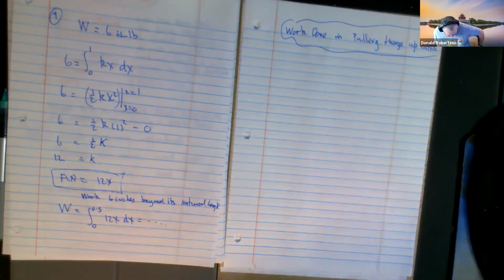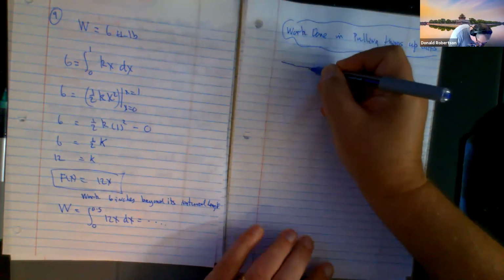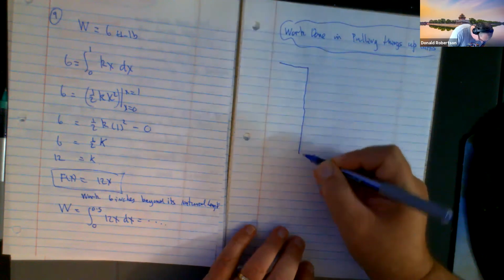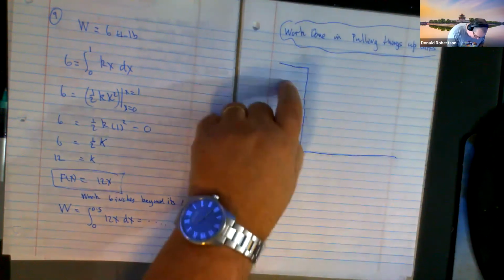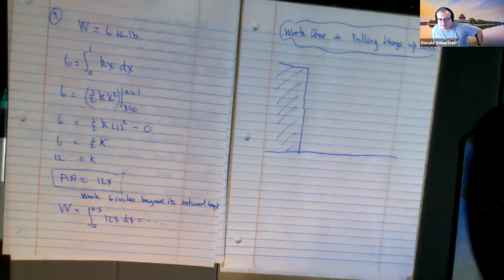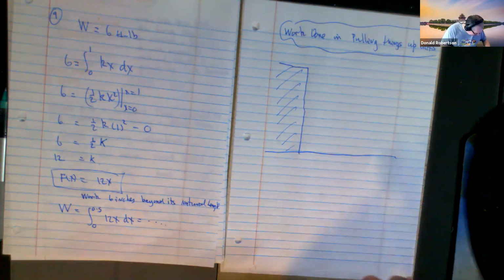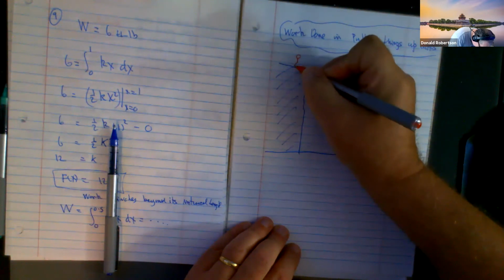So what are these guys going to look like? Well, imagine that you've got a cliff. Sometimes it's a cliff, sometimes it's a building, sometimes it's a tree, but you've got some vertical object. And at the top of this object, you've got a guy.